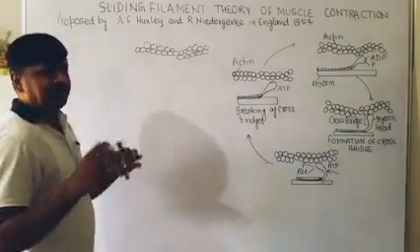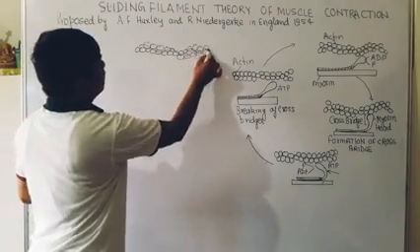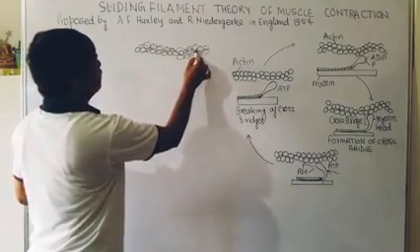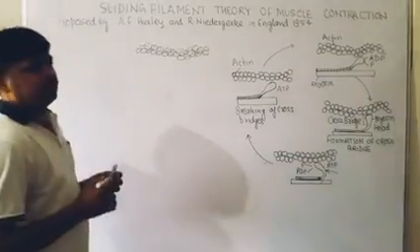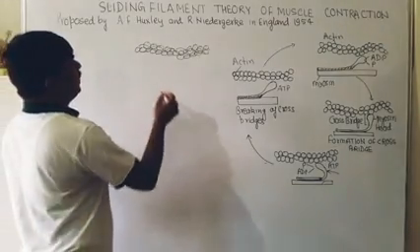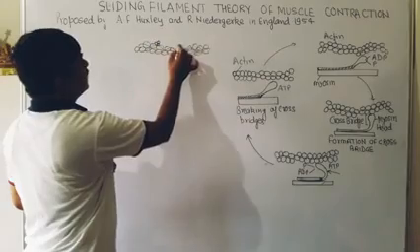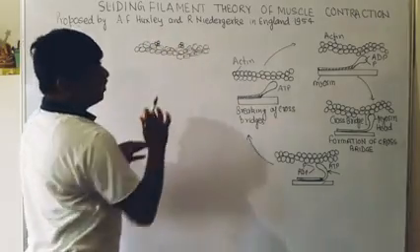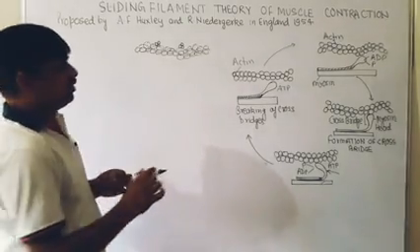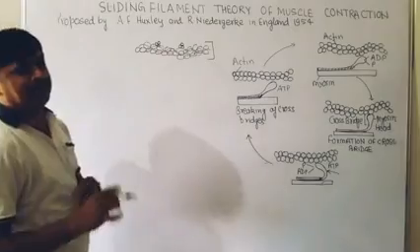Clear? Then F actin is associated with the tropomyosin. Clear? Tropomyosin का structure is there, and at regular intervals another protein, that is the troponin, is also attached. Clear? So this entire structure makes the actin filament.